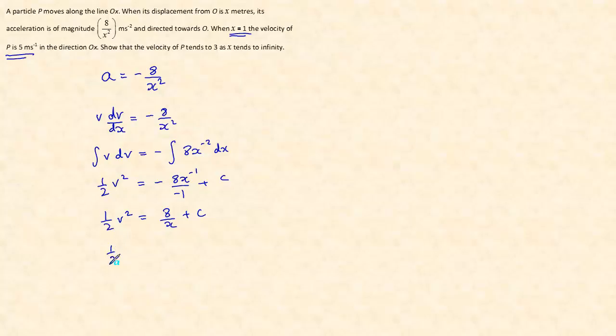So a half multiplied by 5 squared is equal to 8 plus c. So that gives me 12.5 is 8 plus c. So c is going to be 4.5, or 9 over 2.